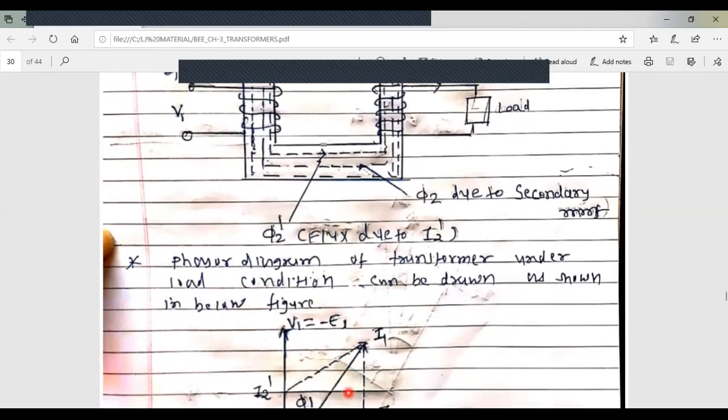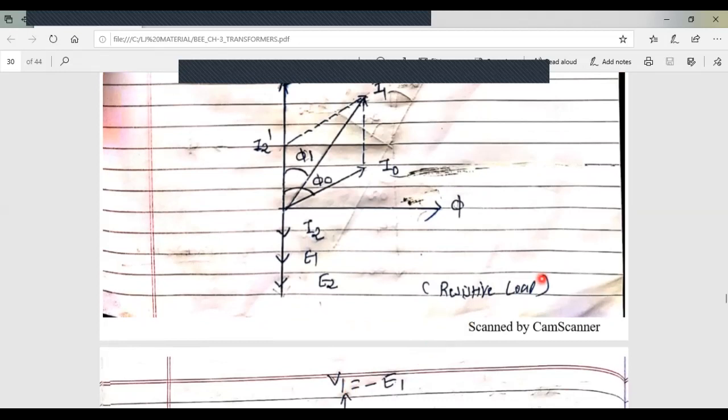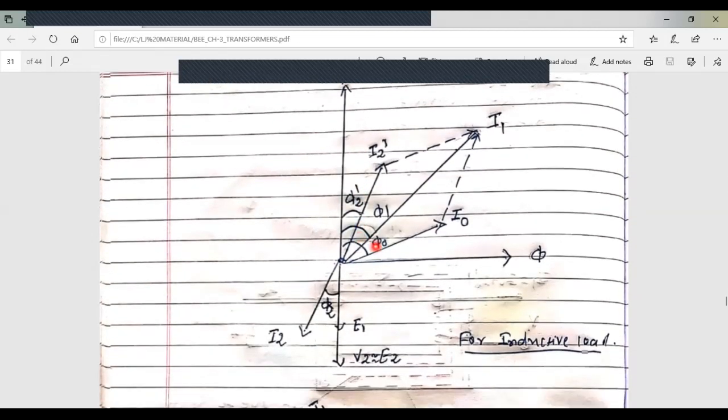Now the three phasor diagrams. For resistive load, V2 is in phase with I2, and now draw the parallelogram and find the resultant component I1. In the same way, for inductive load, I2 lags V2 by phi2, and draw the opposite I2 dash, and from this parallelogram you will find I1 as the addition of I0 and I2 dash.